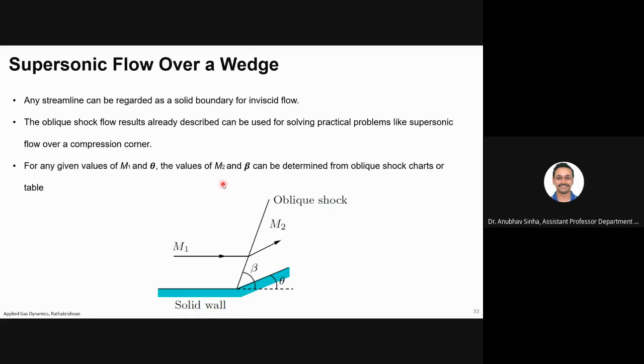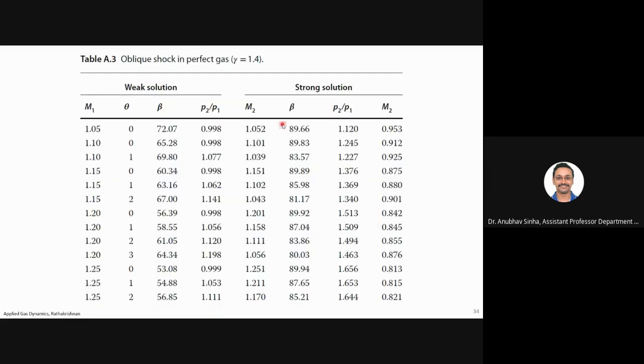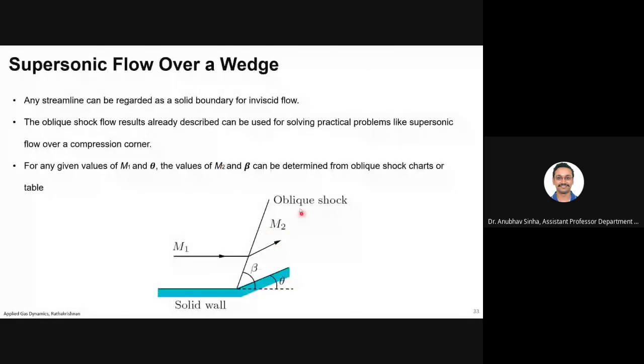We can look at the shock tables and find the value of M2 and beta using oblique shock relations or charts. We also have a table like this, so we can use it to find the resultant M2 or beta for this supersonic flow over a wedge.